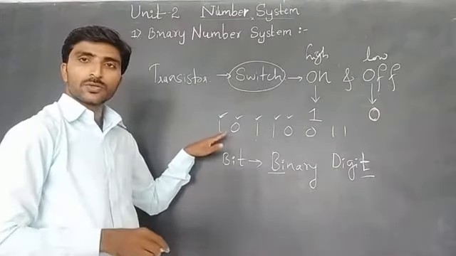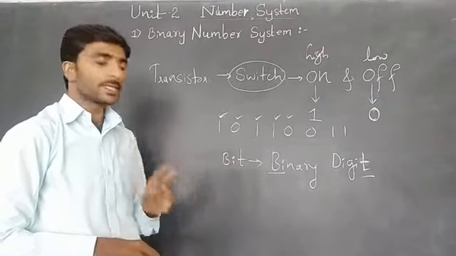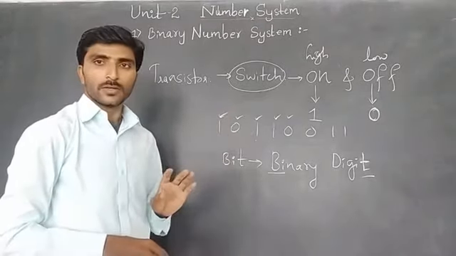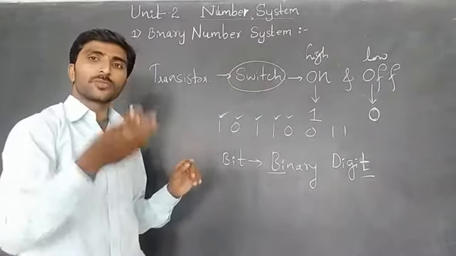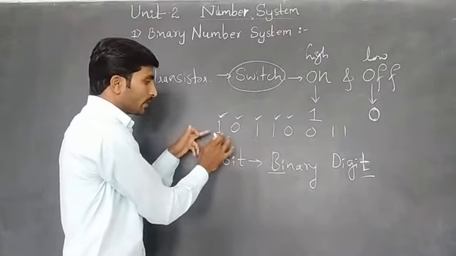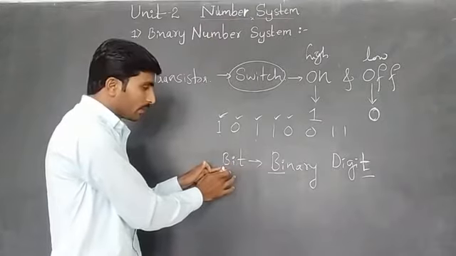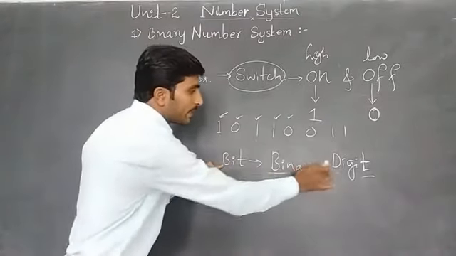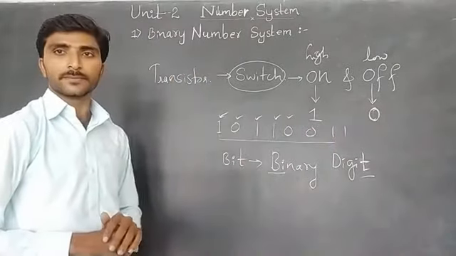So the computer stores 2 values, 2 digits, that is zeros and 1. The computer can store n numbers of digits in the form of zeros and 1. Each digit is called a bit, that is, binary digit. So we can say these are binary numbers or binary digits.